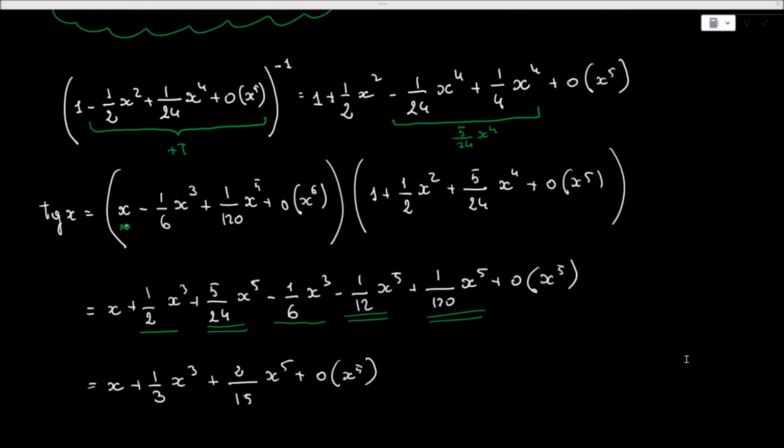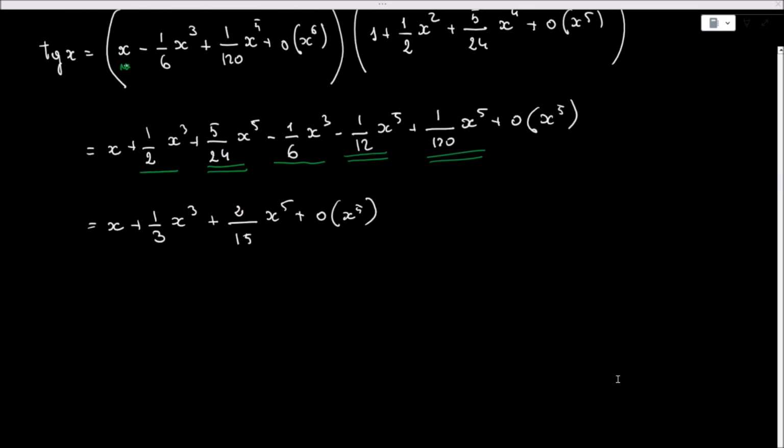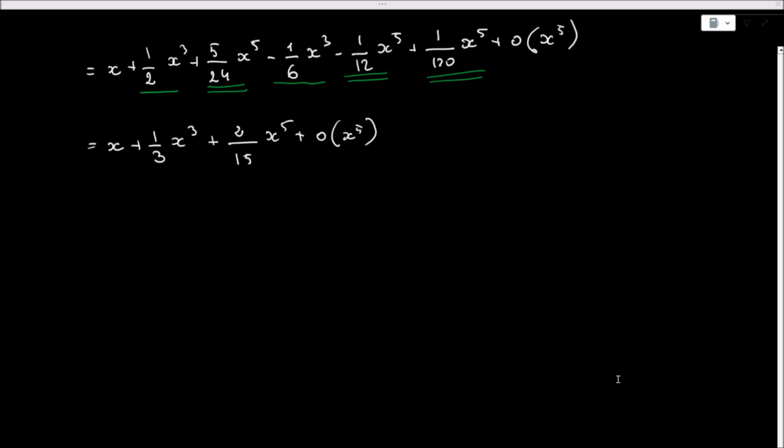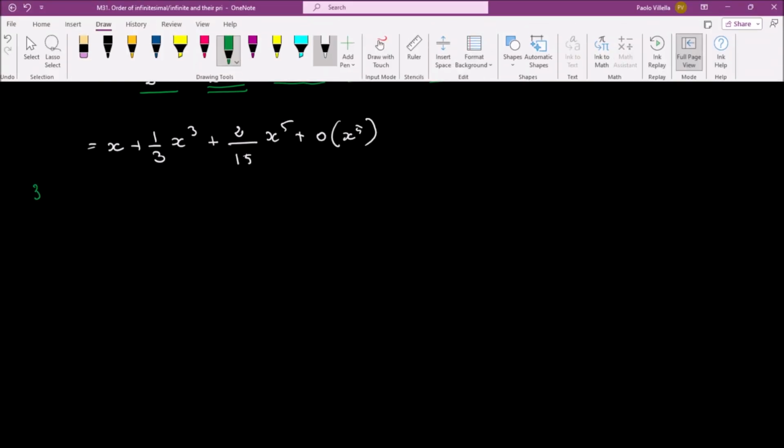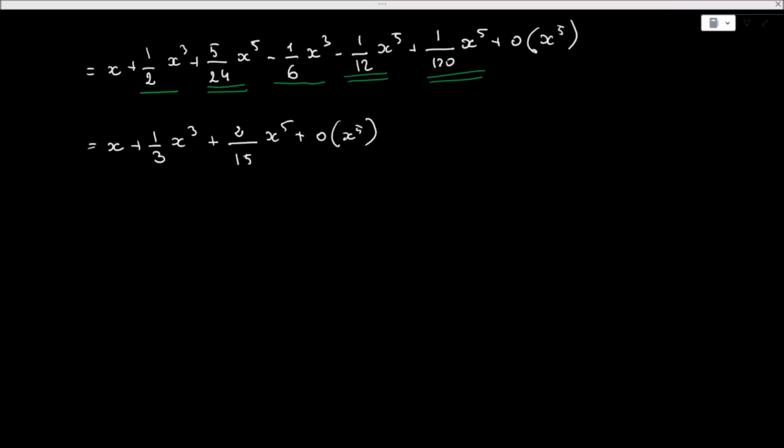Now there is another way of obtaining the Taylor expansion for tangent of x, and I will present this as the last example. We know that tangent of x is an odd function, so its Taylor polynomial will only have odd powers of x.